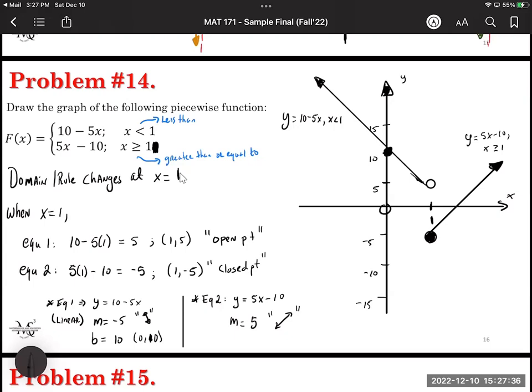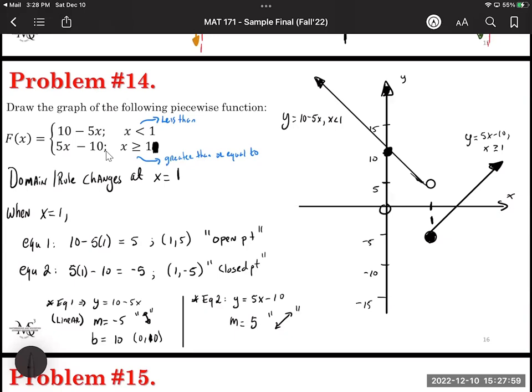It changes at x equals 1. So the open point indicates where the first equation stops, and it's closed in the second equation, because we're including 1 in the second equation.